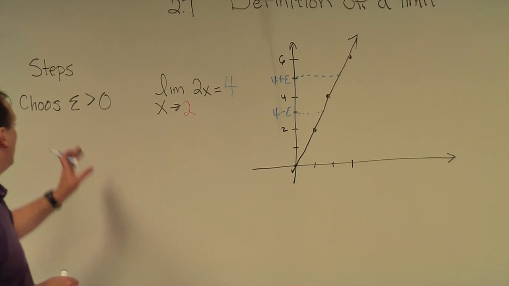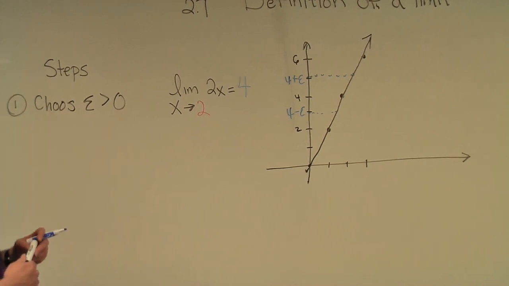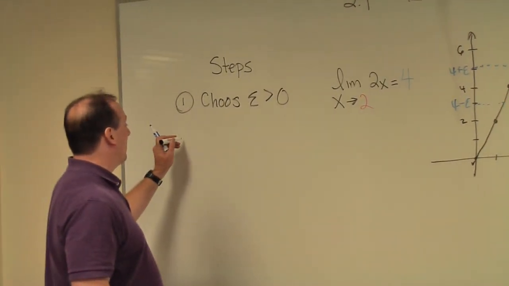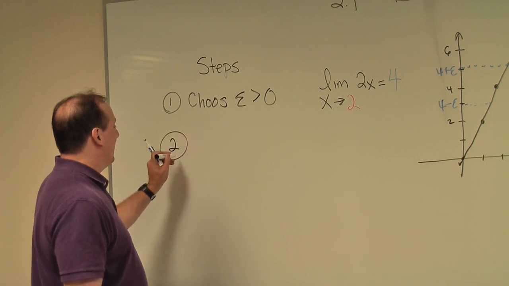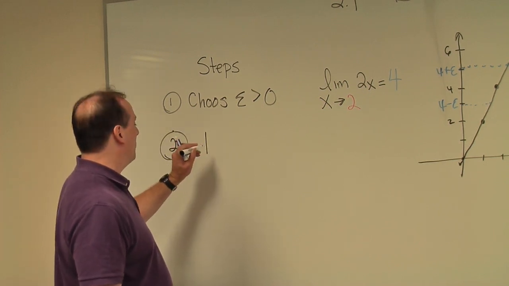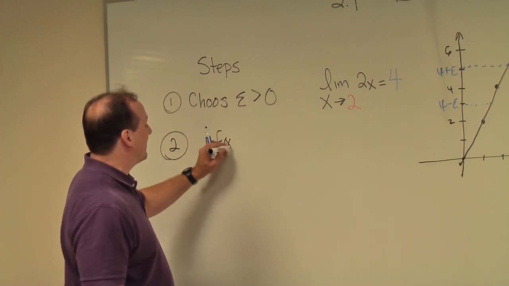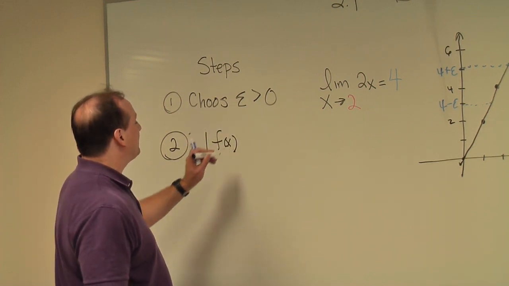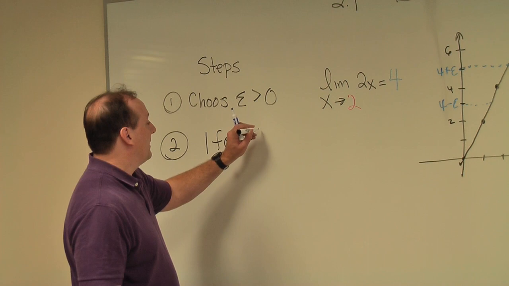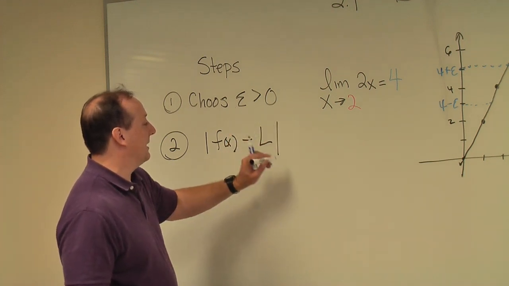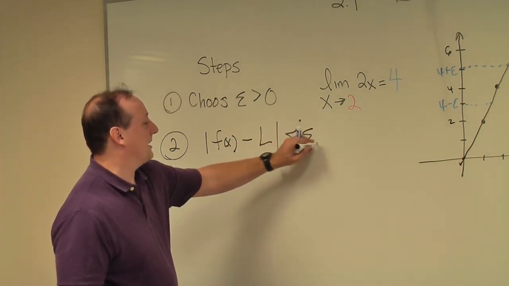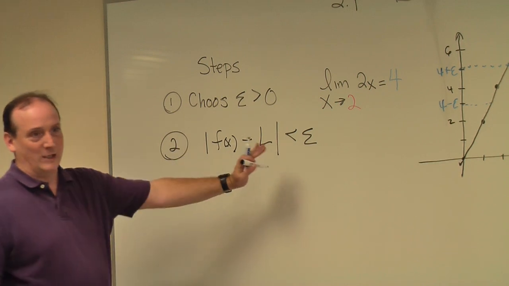And so we choose an epsilon greater than 0. And then what we're going to look at is we're going to consider this window, absolute value of f of x minus our proposed limit, less than epsilon. We're going to look at this window.